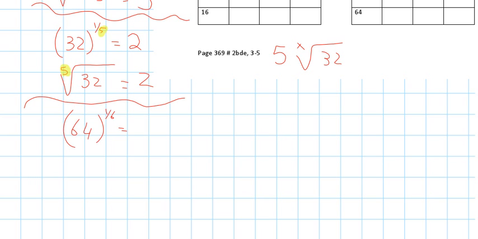How about the 6th root of 64? 2, right? Wow, this is magic. So these are two different formats. It's exactly the same thing. I'm doing exactly the same operation, but written differently.